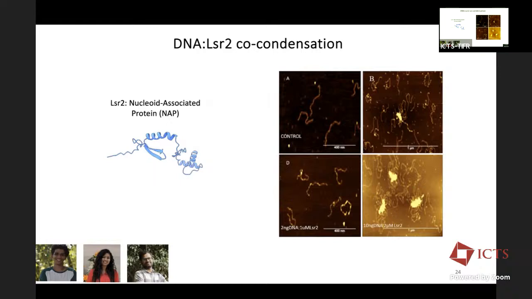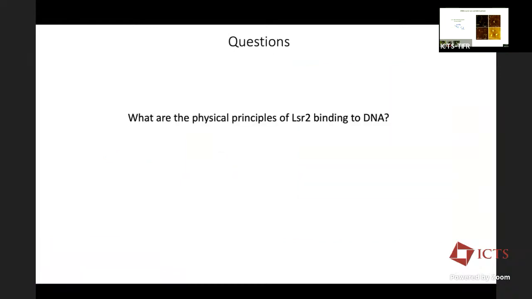They have been looking at this protein, which is known as LSR2. It's a nucleoid-associated protein, and there are AFM images where people have seen that if you add DNA and protein together, you form these structures, right? We want to understand, again, the biophysical properties of these and how they actually form. So these are basically the two questions.